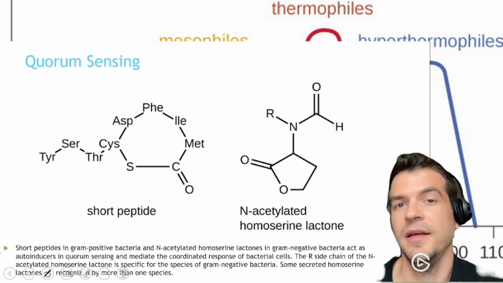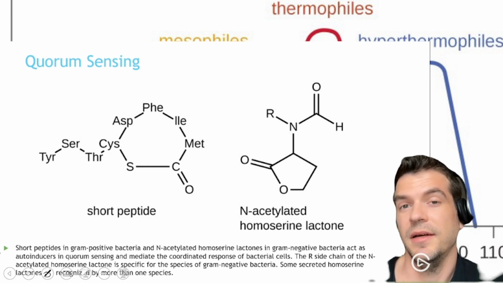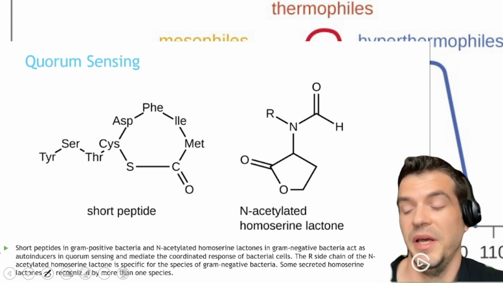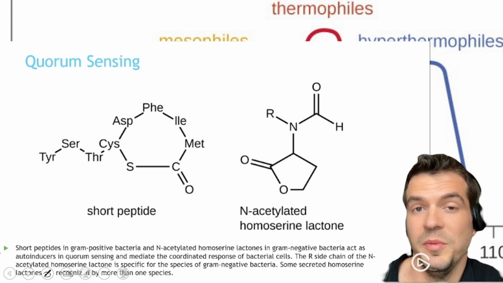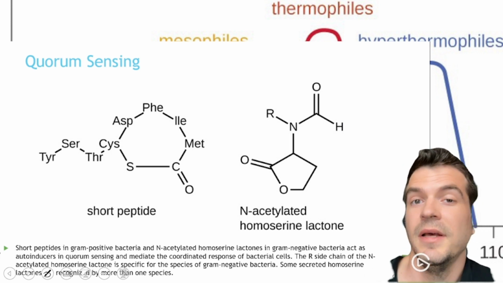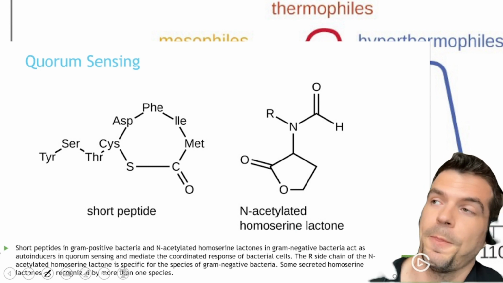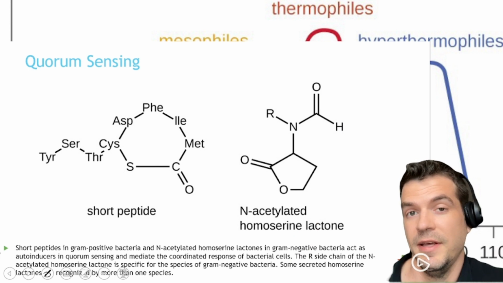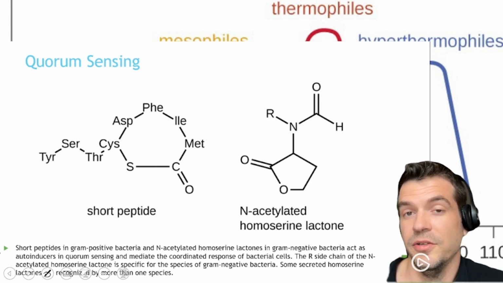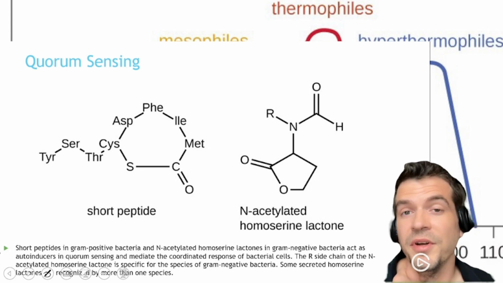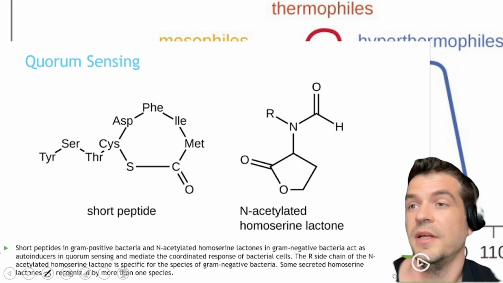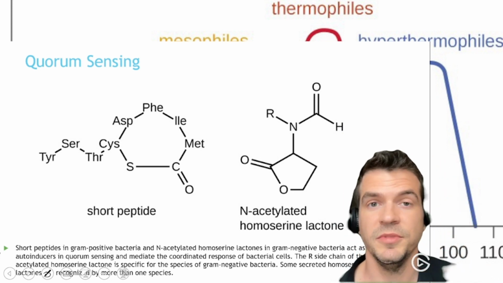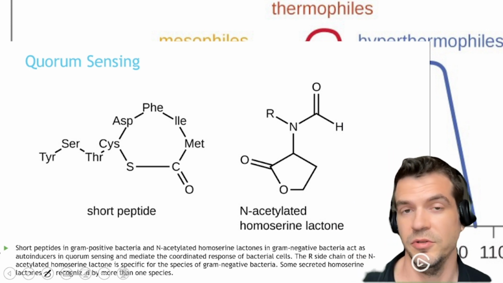Quorum sensing is basically, a quorum is like a certain number of people at a meeting in order to hold the meeting. If you have a party of 20 and only 2 people show up, you don't have a quorum, you postpone the meeting. Same kind of thing with biofilms. If you don't have enough other surrounding bacteria, you won't have enough of a quorum to make a biofilm. So quorums and biofilms and catheters, those kind of all go together.